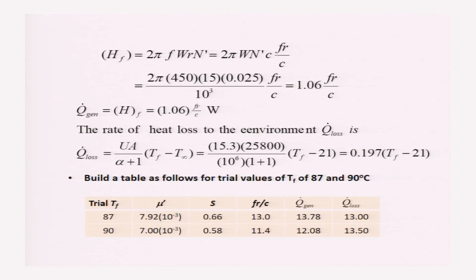So, knowing the Sommerfeld number, we will get the coefficient of friction term, R by C times f, from the Raimondi and Boyd chart corresponding to this R by C and Sommerfeld number.